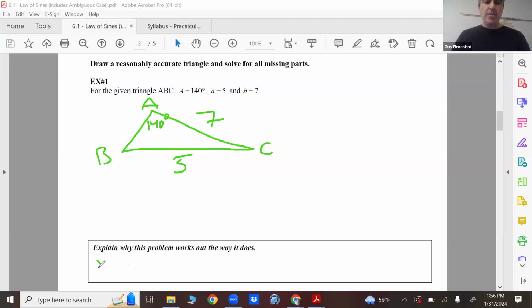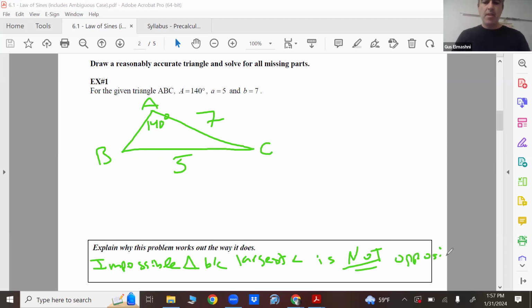It's an impossible triangle, because the largest angle is not opposite the longest side. That we know for sure.